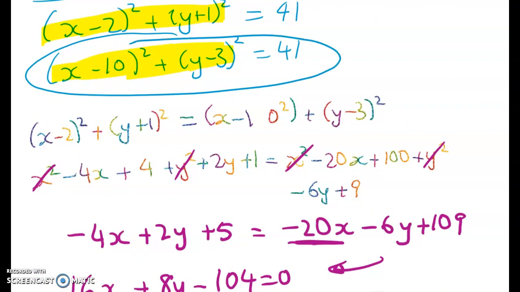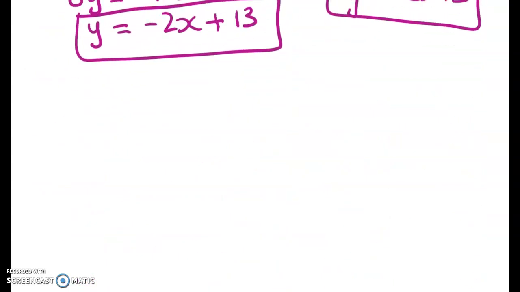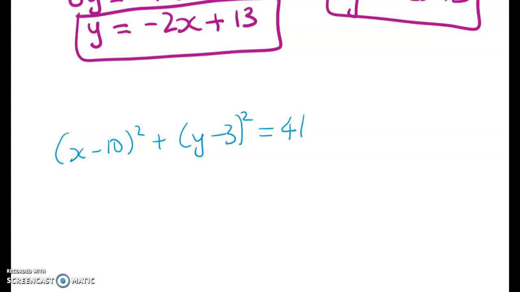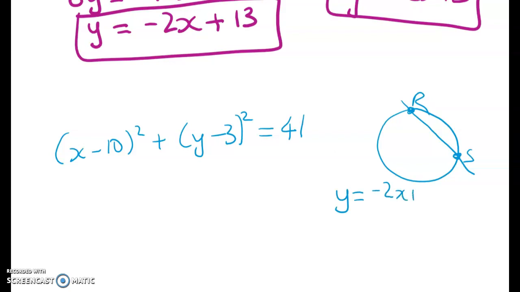I'm going to take that equation and sub in the y value. So that's giving me all of the points on that C2 circle, and I want the ones with R and S. So I know that RS has got this equation, y equals negative 2x plus 13.